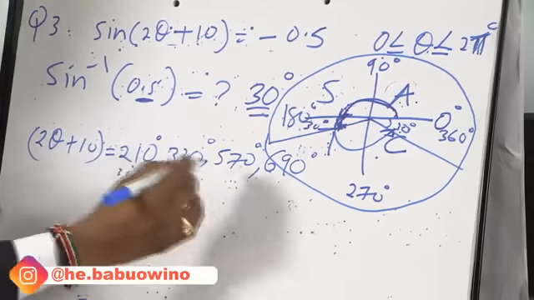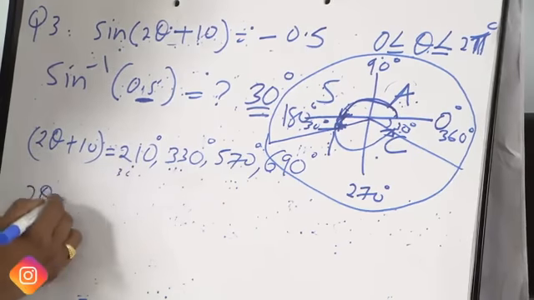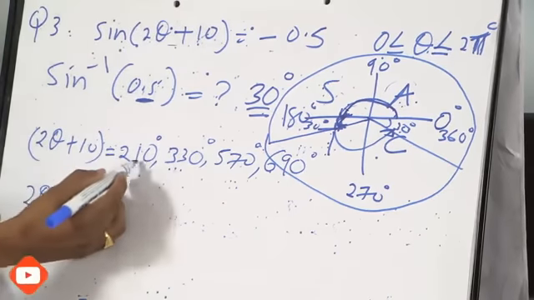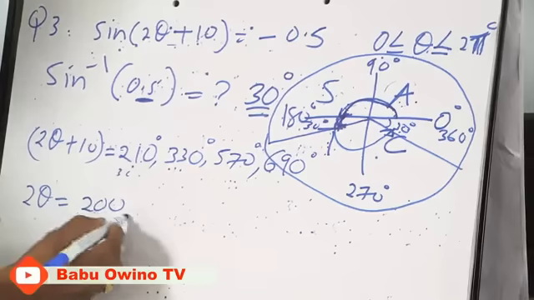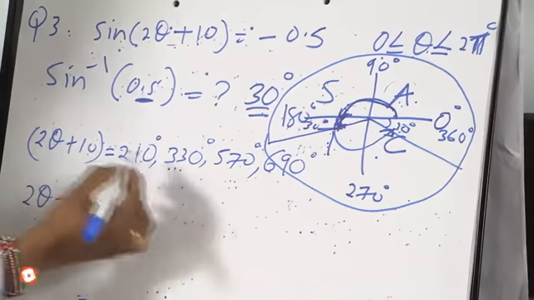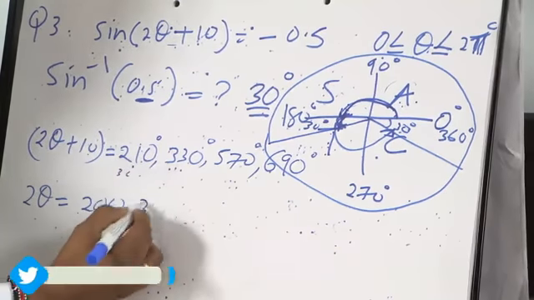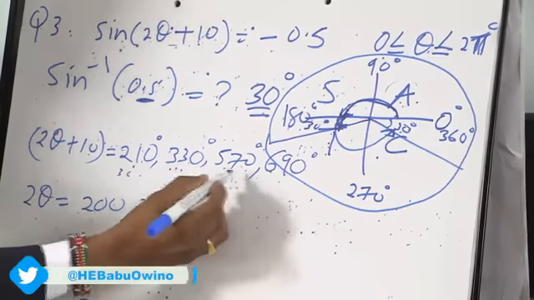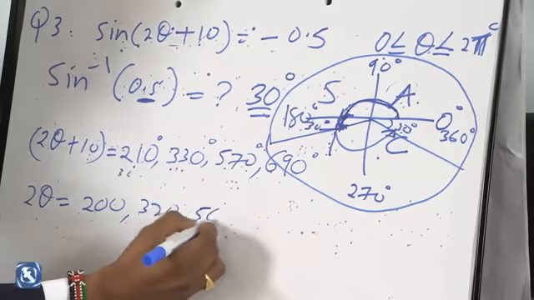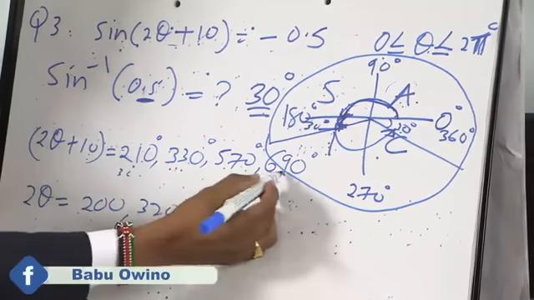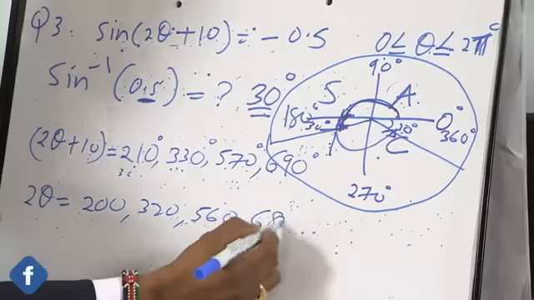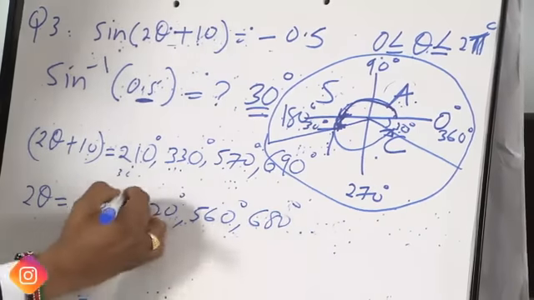Therefore, when we open this, we get 2 theta equals to, when 10 crosses the other side, becomes 200, because it is 210 minus 10. 330 minus 10 is 320. 570 minus 10 is 560. And finally, 690 minus 10 is 680. They are in degrees.